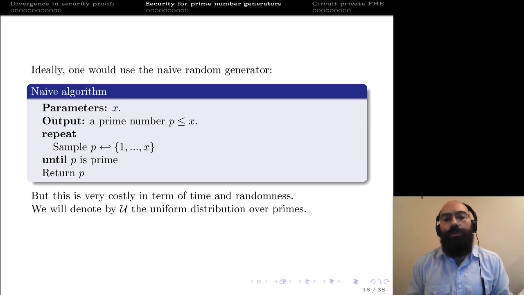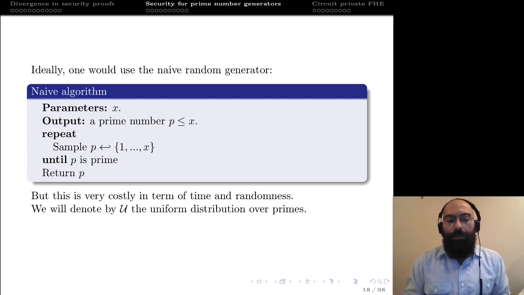So naively, you would just randomly sample numbers and output one if it's prime, otherwise just repeat this process. But this is very costly in terms of time and randomness, because you will have to repeat a lot of times before you end up on a prime number. So you want to use a more effective generator, and we're going to study two of them in what follows.